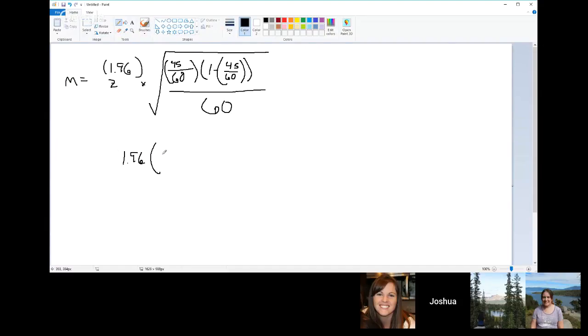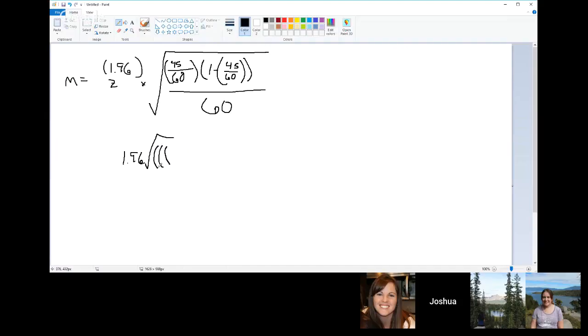So 1.96 times the square root, parentheses. Let's see, I might have to add 1.